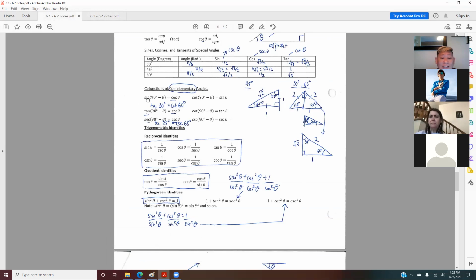Sine and cosine are co-functions of complementary angles of each other. That means if you add the two angles, the total should be 90 degrees. Sine and cosine are one pair, tangent and cotangent another, and secant and cosecant another. For example, secant 25 degrees is the same thing as cosecant 65 degrees, because if you add these two angles, it becomes 90 degrees.